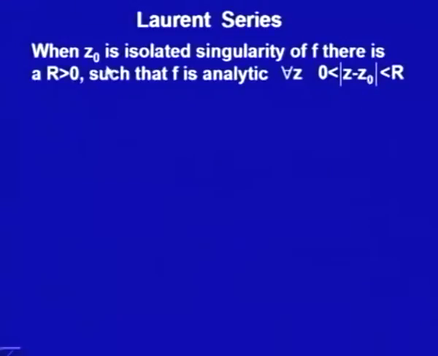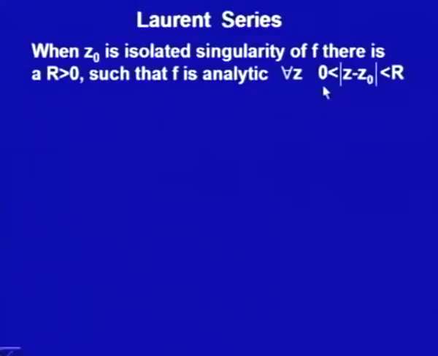That is, I could always find a number r such that f is analytic for every z in that neighborhood. Because the absolute value of z minus z naught has always to be positive, I am writing 0 is less than mod of z minus z naught is less than r.